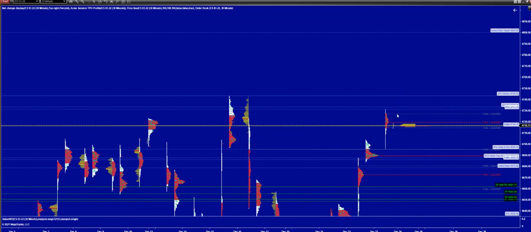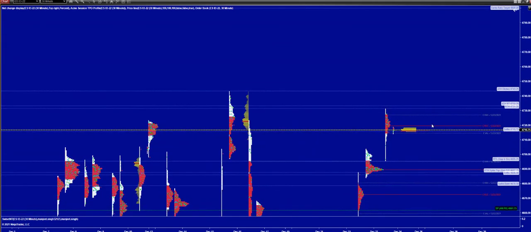For me, we have to stay with the trend as long as the previous low of the day does not break. If the market opens next week and starts trading higher, we have to stay with the trend. And if the market starts coming below this high, which is 4731, then we have to be a little bit conscious, knowing that there could be a pullback to the downside as well, right?